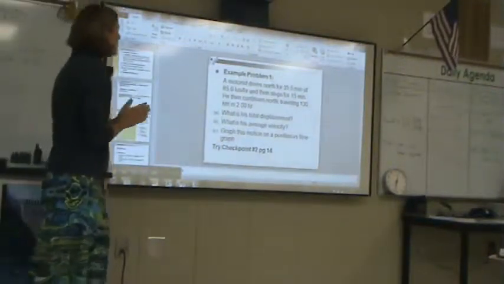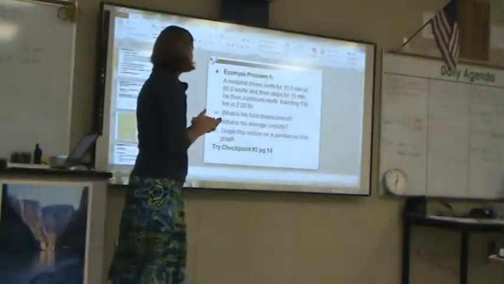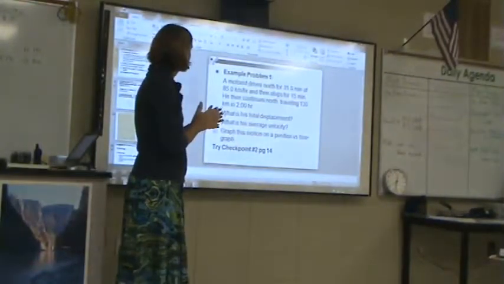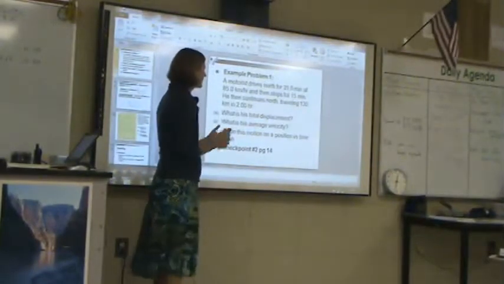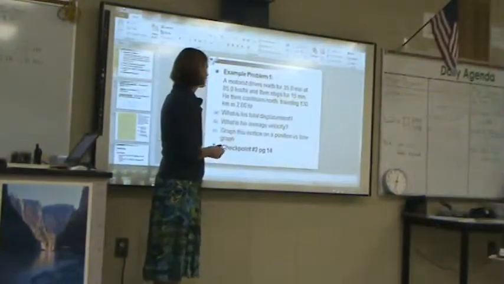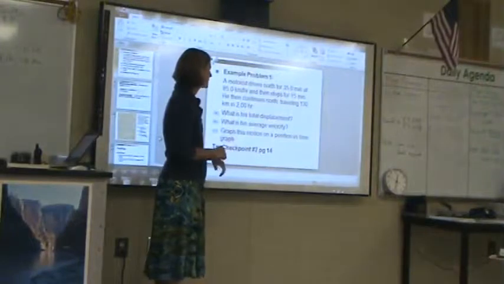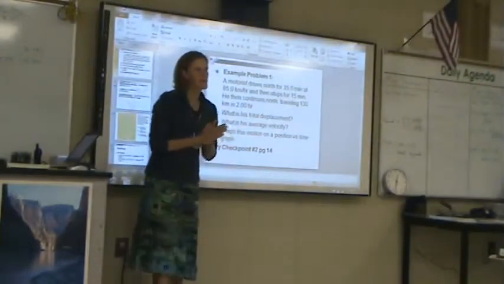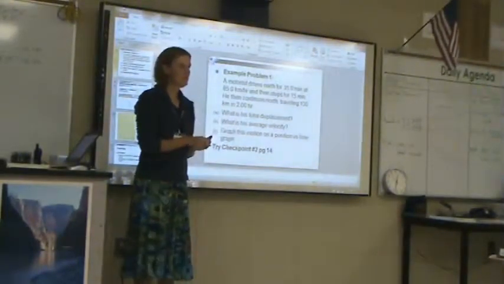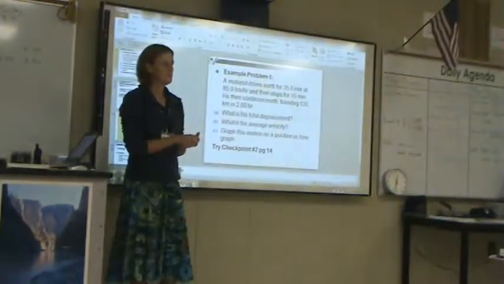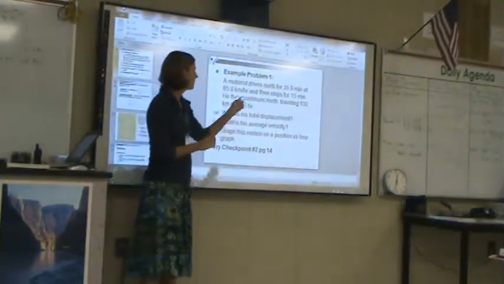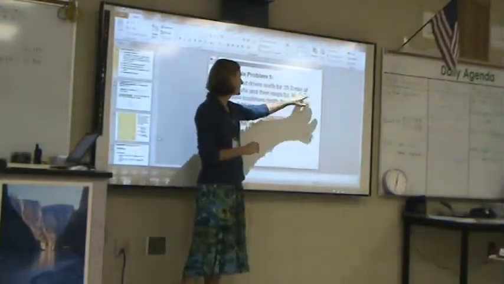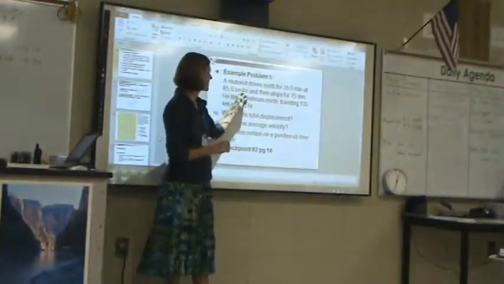All right, so a motorist drives north for 35 minutes at 85 kilometers per hour and then stops for 15 minutes. He then continues north, traveling 130 kilometers in 2 hours. So really, how many segments of this trip are there? Drives north, 35 minutes at 85 kilometers per hour.